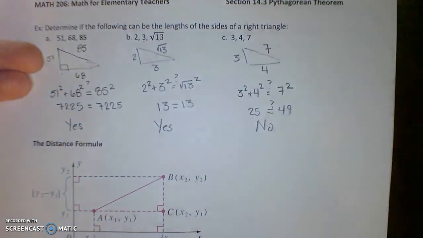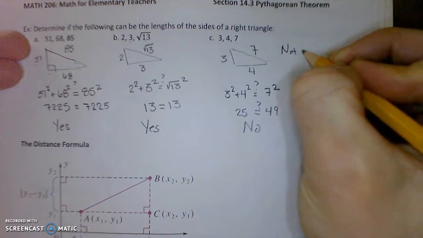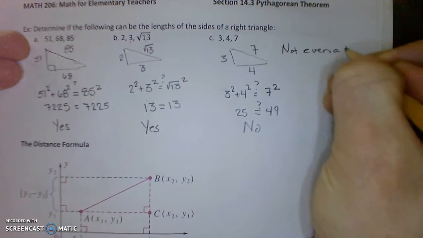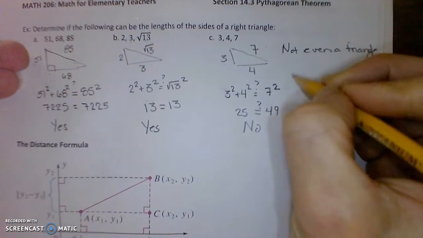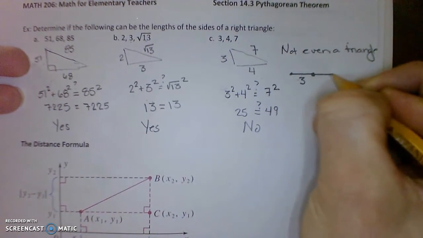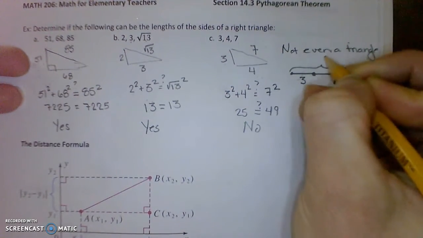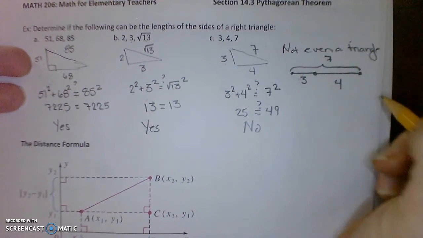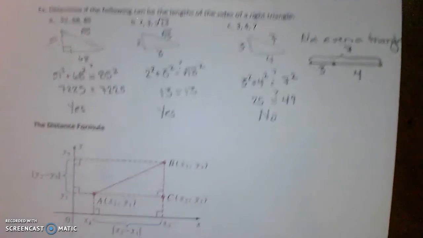So my answer is definitely no, but I do want to say it's not even a triangle by the triangle inequality. In fact, if I had side length 3 and another side length 4 together, those actually make 7. So this couldn't even form a triangle if you tried.